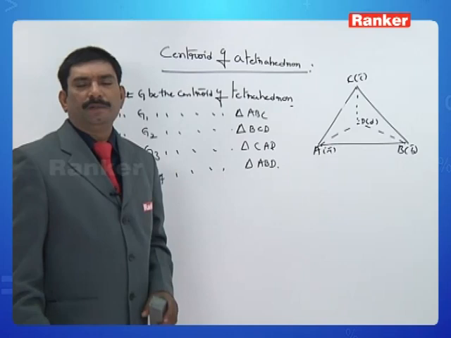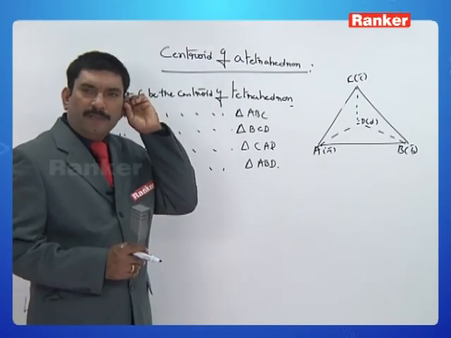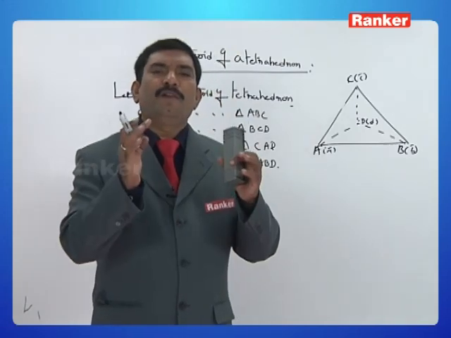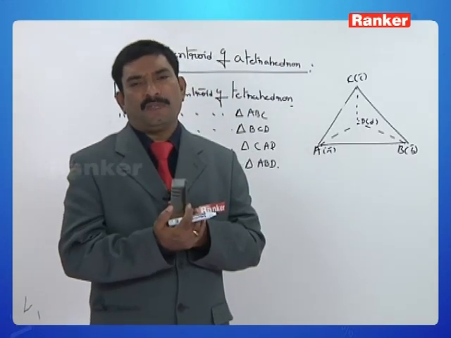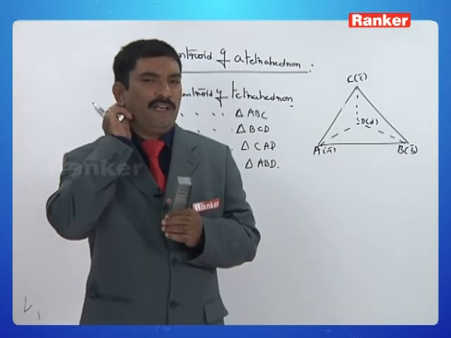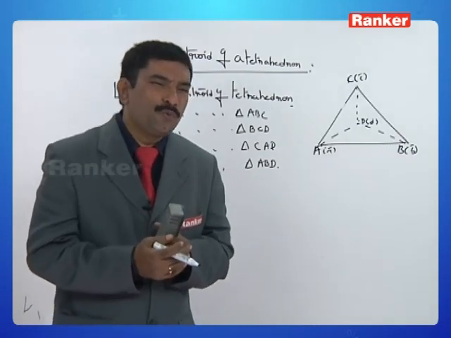Now remember, as I told, the centroid divides the median in a 2D triangle ABC in the ratio 2:1.